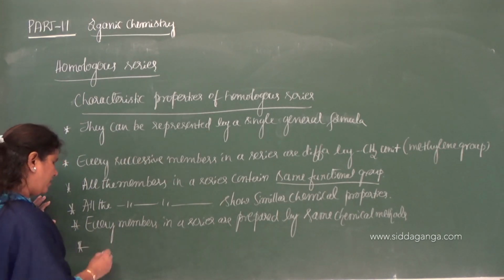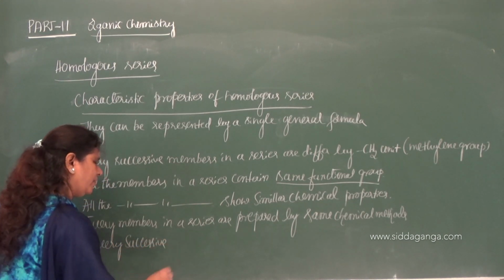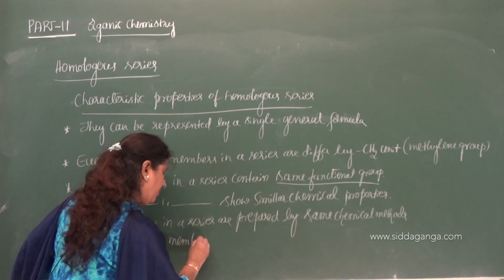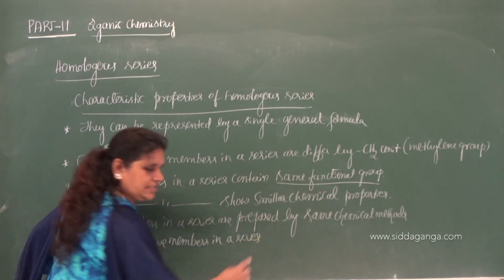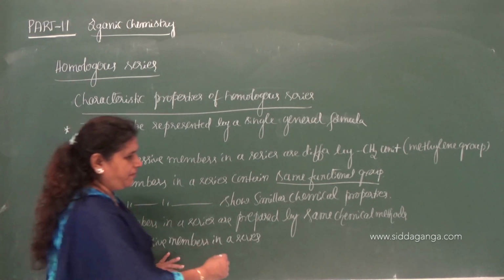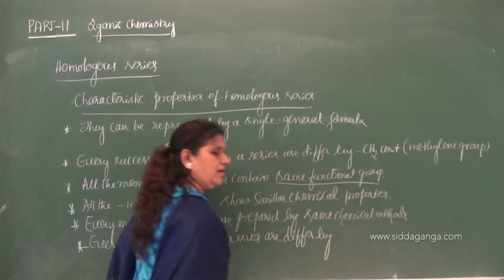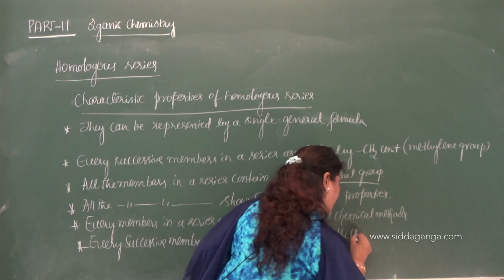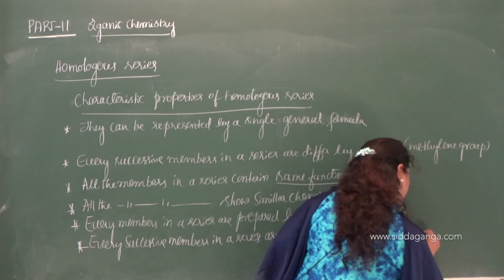And the last one, every successive member in a series differs by what? 14 units, very important, 14 units in molecular mass.